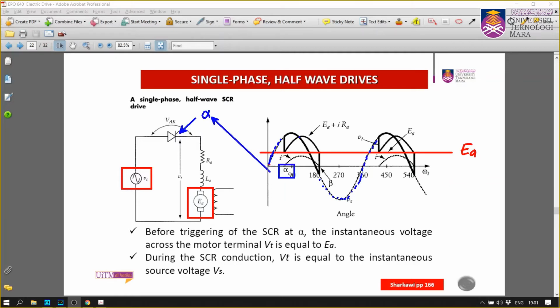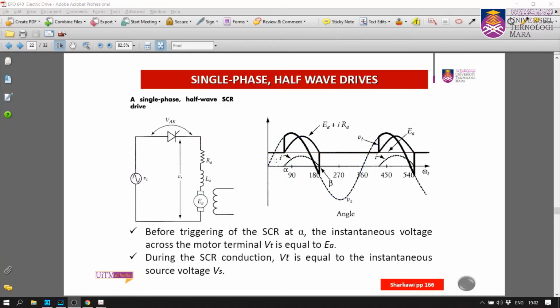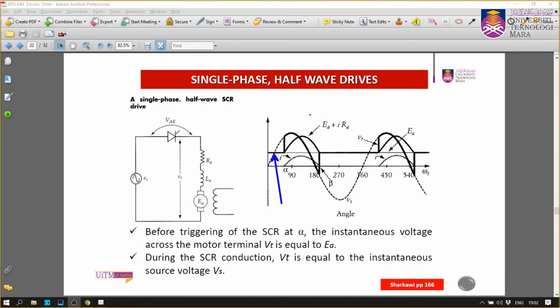So that's alpha. You can only trigger at alpha when your voltage Vs is greater than EA. Right? Then your alpha here should be greater than that point.